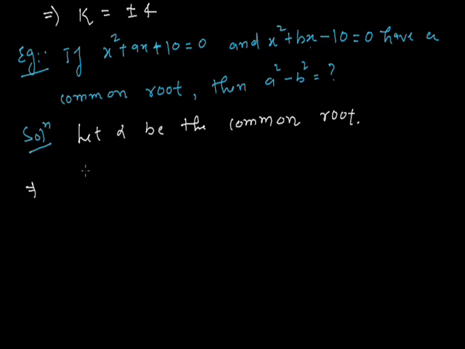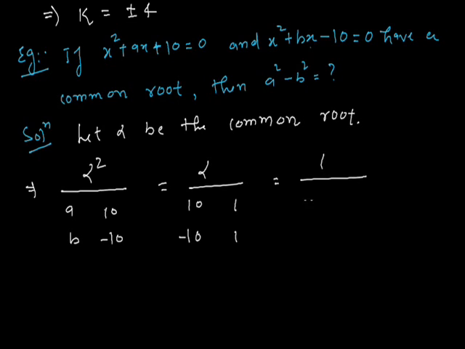Then alpha square upon ab, 10 minus 10, similarly alpha upon 10 minus 10, 1 and 1, 1 upon 1 1 ab.